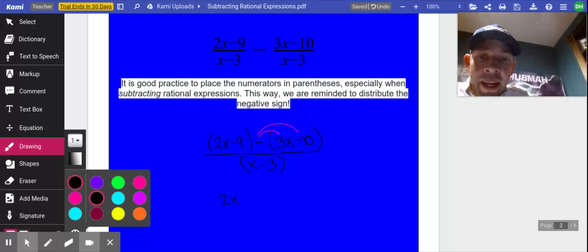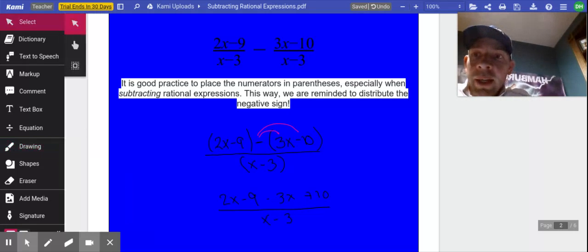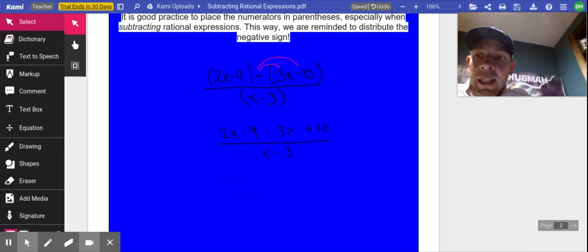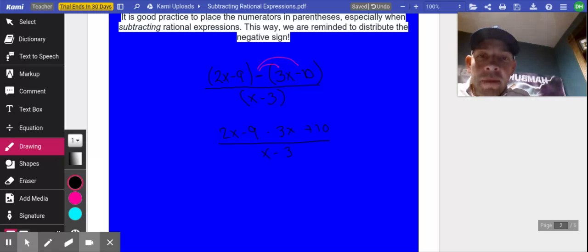So I'm going to go 2x minus 9 minus 3x plus 10 all over x minus 3. Then we combine like terms: 2x with negative 3x gives you negative x, and negative 9 with positive 10 gives you positive 1. And we are all done.